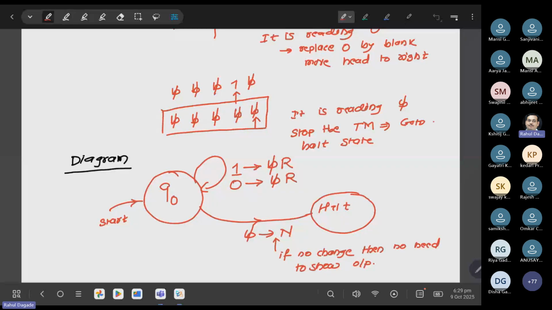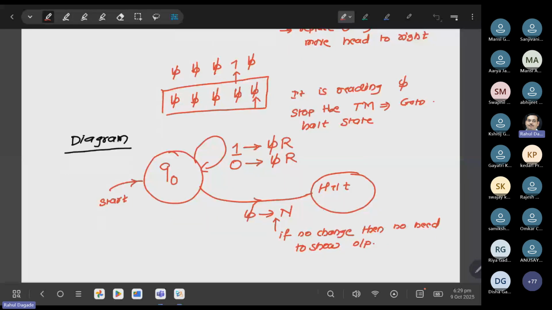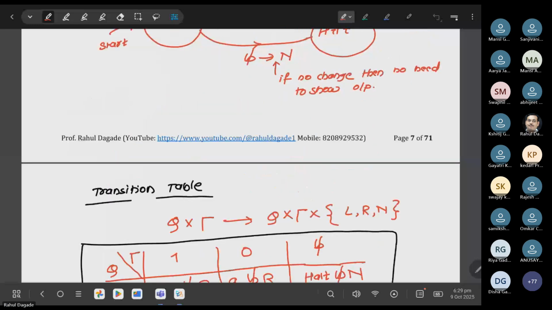So now you have understood how to design a Turing machine. Now can we write this transition table in short? The same can be written like this. We have Q cross tau.